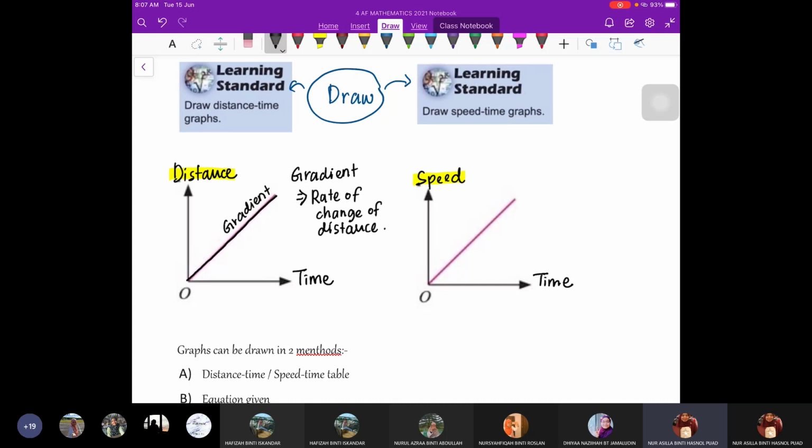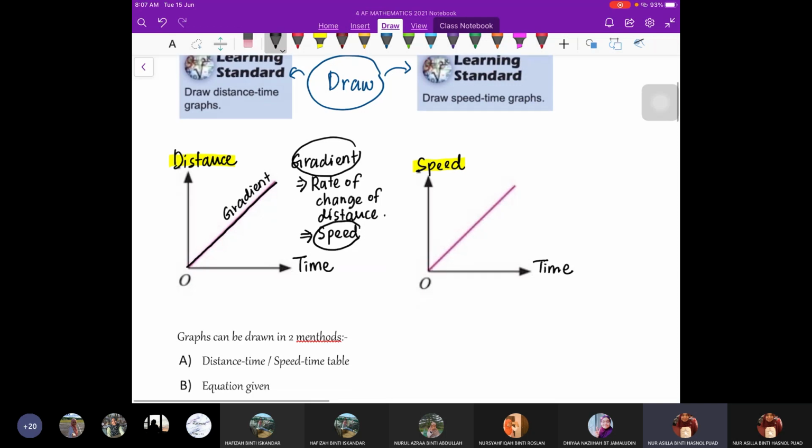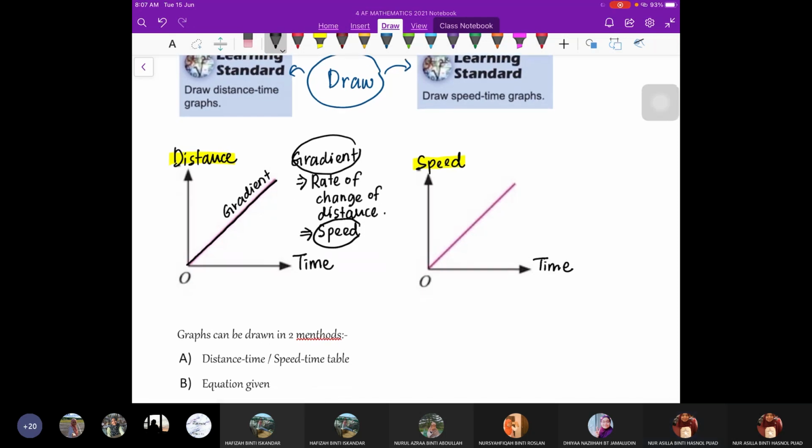Okay, rate of change of distance is actually the gradient. So the gradient at the same time is also giving you the speed. Okay, why? Kenapa speed ni sebenarnya adalah gradient?